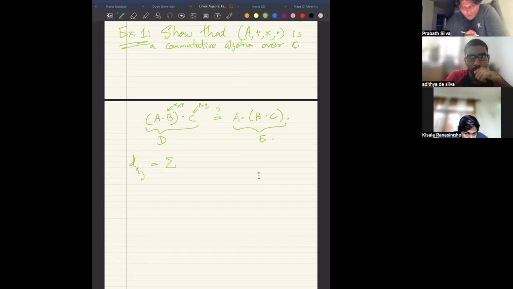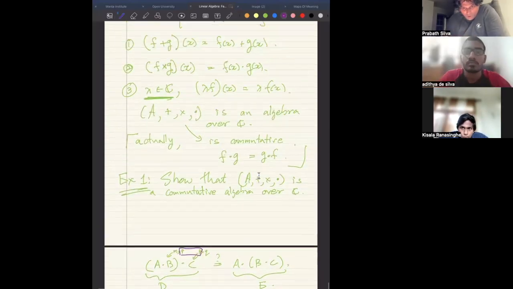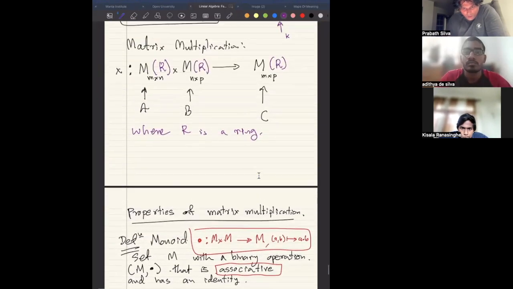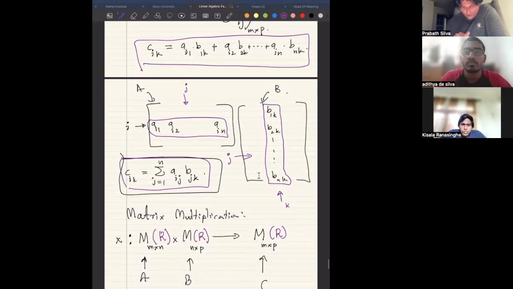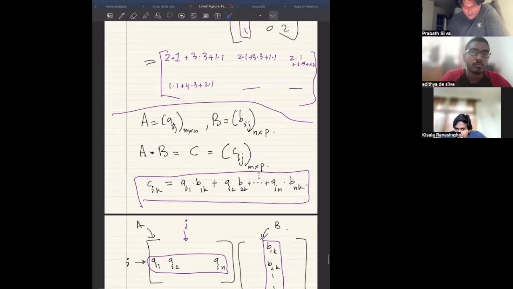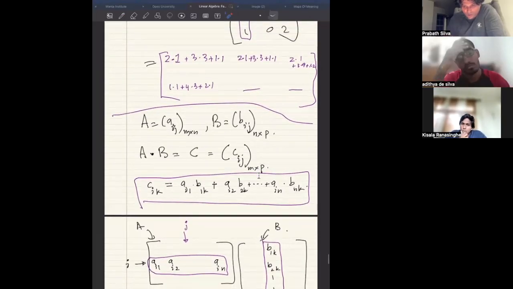So what happens? We're going to be summing over this p. Okay, you remember that was the formula. j goes from 1 up to n. Okay.